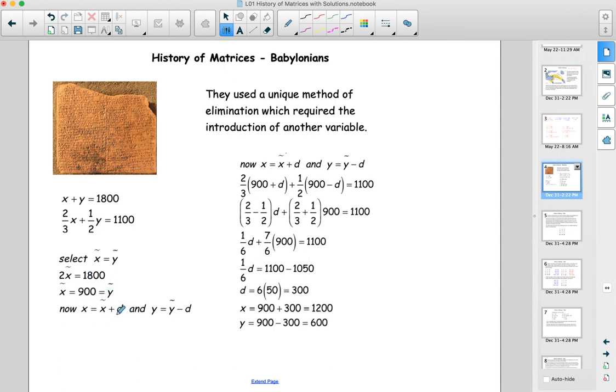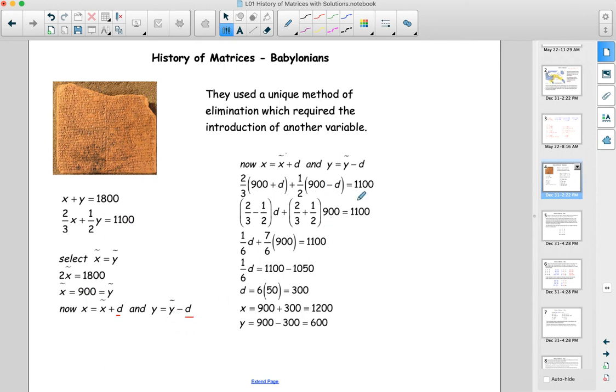And now they introduce a third variable called d. And then they say we're going to adjust x by adding d, and we'll adjust y by subtracting d. So x is equal to the middle number, which they just found to be 900, plus d, and y is the middle number, minus d. And then we plug into this equation right now, and we will replace it with 900 plus d, because again, the mean x and y are equal to each other.